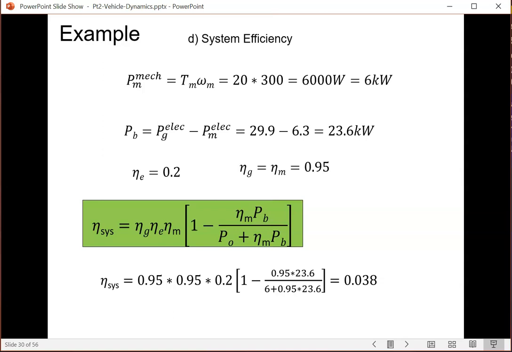Now, you might wonder, what is so good about this vehicle if the efficiency is so low? Well, efficiency is so low because of two factors. One, the efficiency factor of the engine, which is 0.2. The overall efficiency can't be more than the efficiency of individual components, because we have other losses to consider.